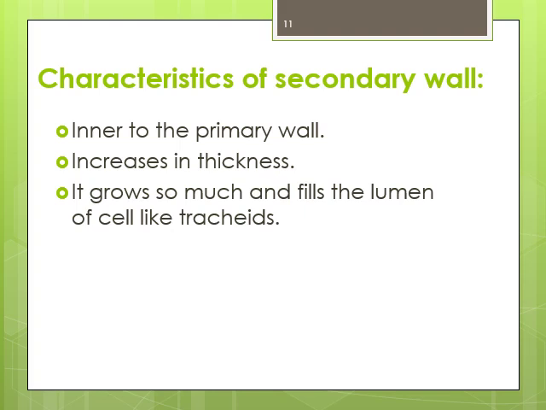One important thing is that secondary walls have no surface growth. Only an increase in thickness occurs in it. This secondary wall is composed of a pure substance, that is cellulose. By nature, the secondary wall is tough and strong.